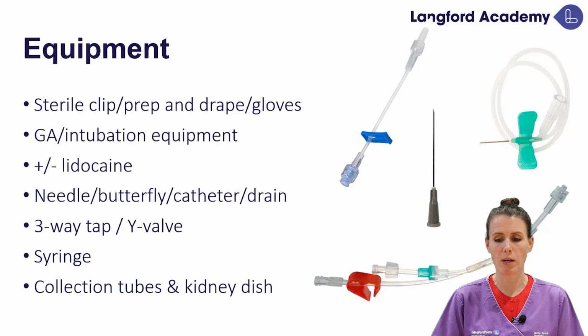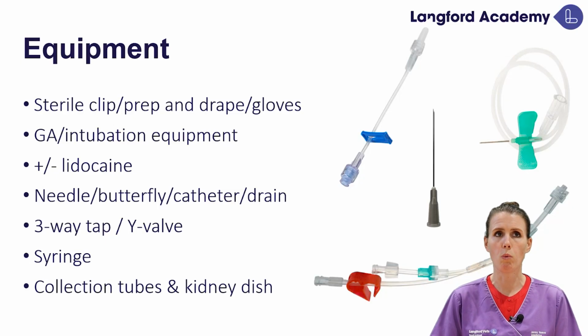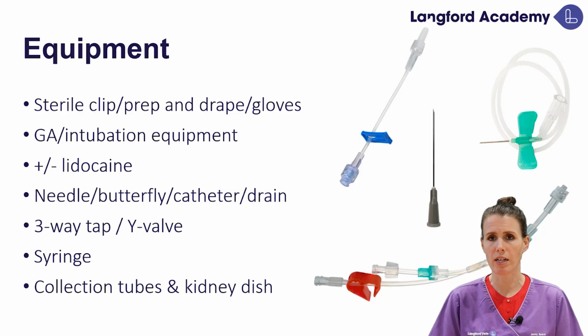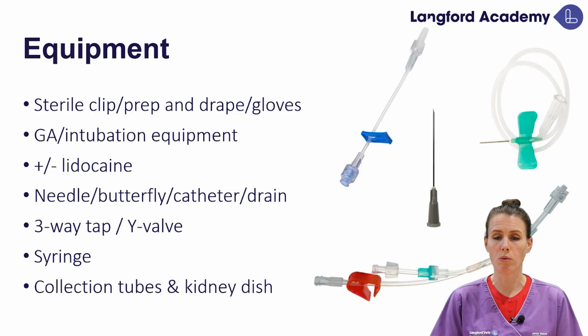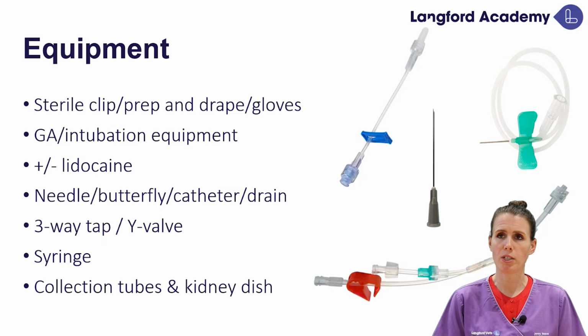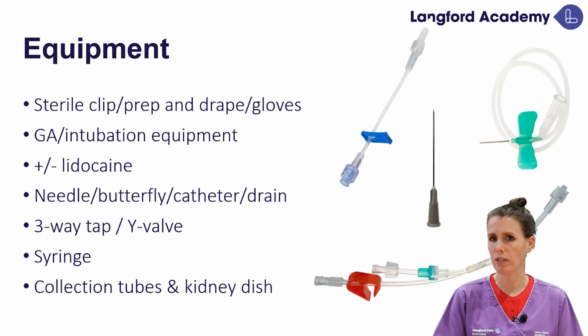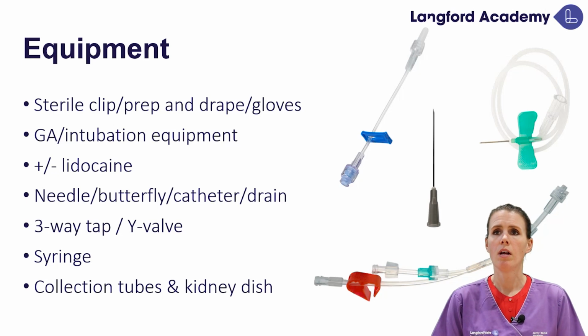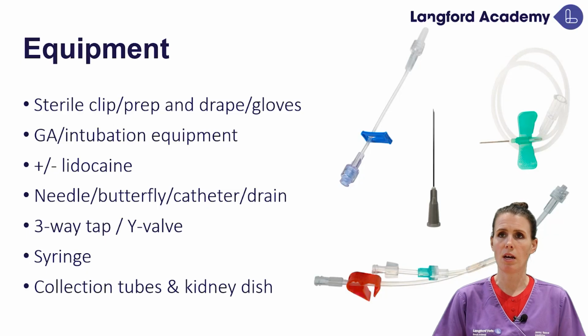And we ultimately want to be able to either have a 3-way tap or a Y-piece connector to enable us to continuously drain without having to detach a syringe from the needle, because we will risk introducing a pneumothorax if that's the case. So we have to make some sort of closed system. At the bottom image on this screen is a Y connector that's valved. Basically, if we attach this to our needle that goes into the chest, or the extension line that's coming off the needle, then the valves in this piece of tubing enable us to have a syringe on one end.